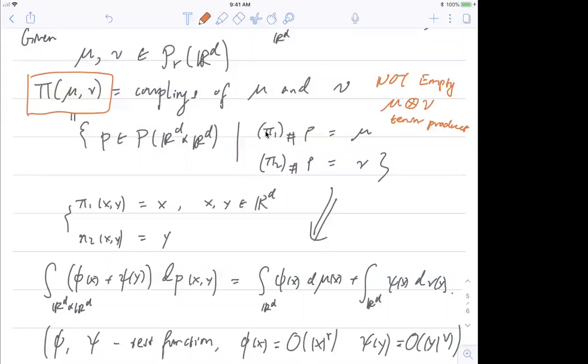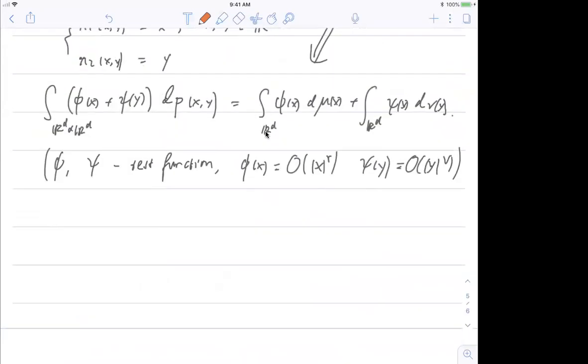In particular, the tensor product of two measures is one of their couplings, though there are other couplings, and you can check that this set is convex.